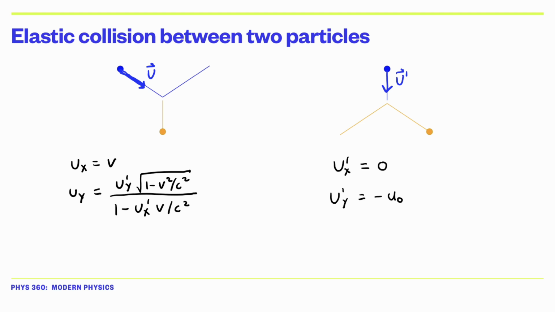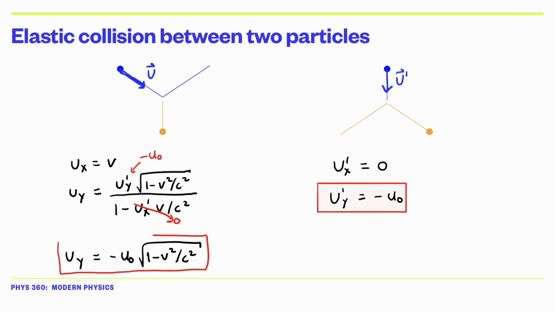We know that u'y equals minus u0, and we also know that u'x equals 0. So therefore, uy is just equal to minus u0 times the square root of 1 minus v squared over c squared.